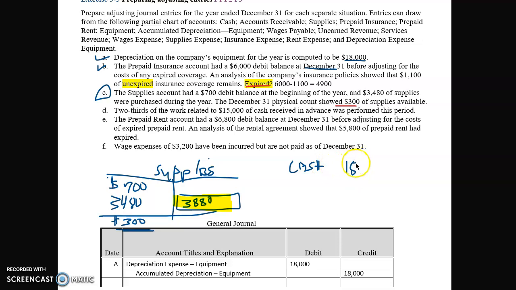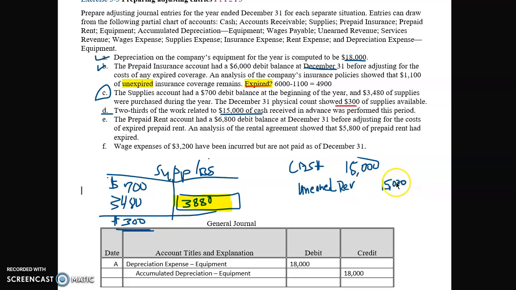So a while ago, whenever that was, in letter D, they were paid $15,000, and they debited cash correctly to record the receipt of the money, and they credit an account called unearned revenue, also for $15,000. Now, unearned revenue is a liability.